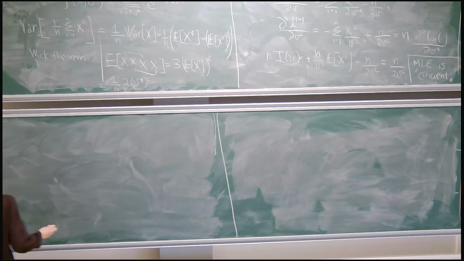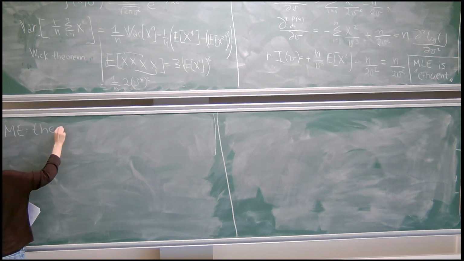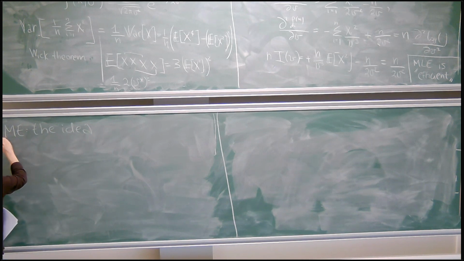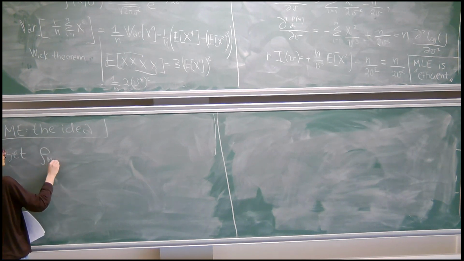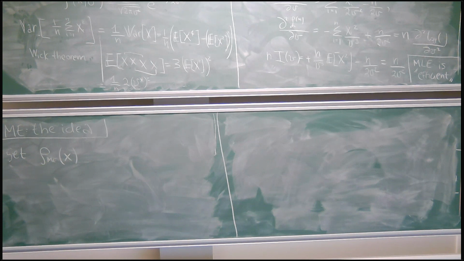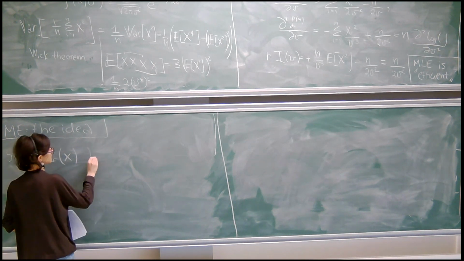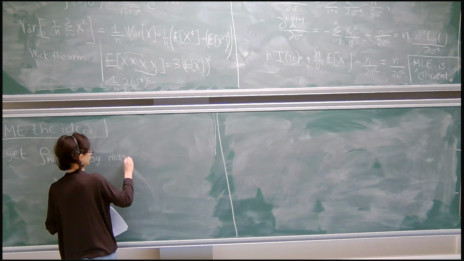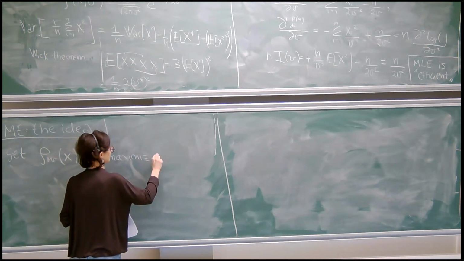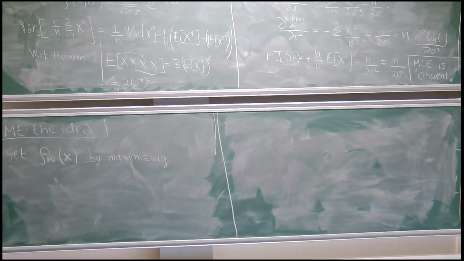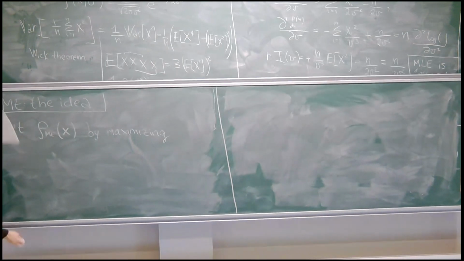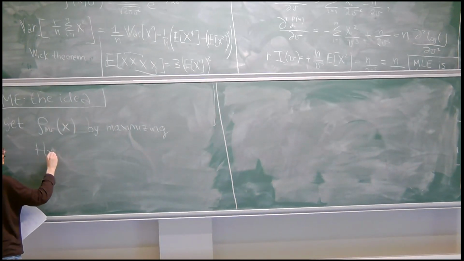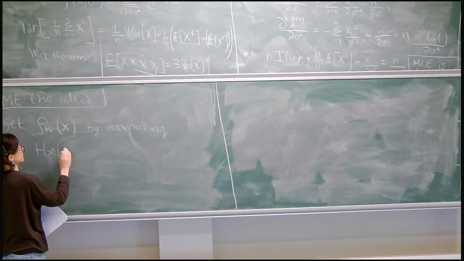And the idea is as follows. So this is now maximum entropy. The idea is that you want to get a distribution that I call rho maximum entropy of your random variable x by maximizing something, which is the entropy. That is a functional of your distribution that you recognize from any physics course.